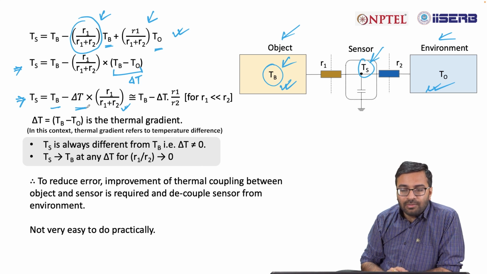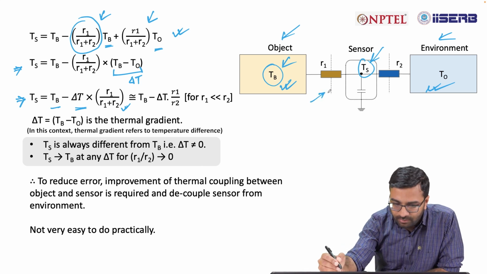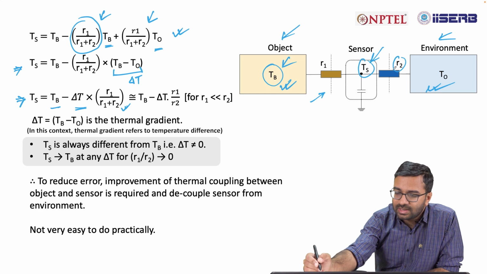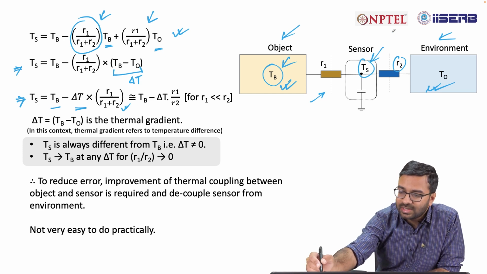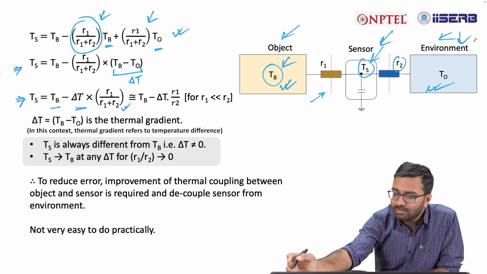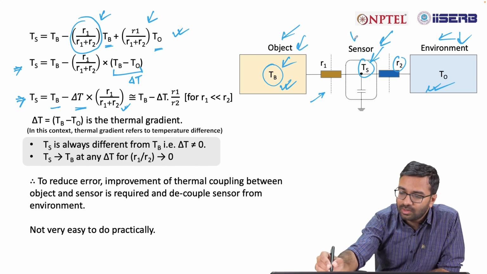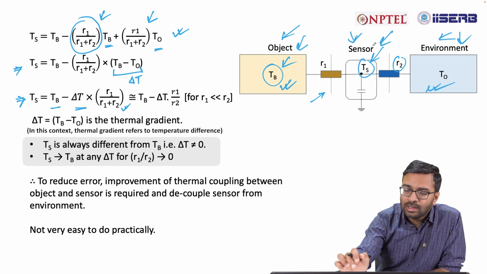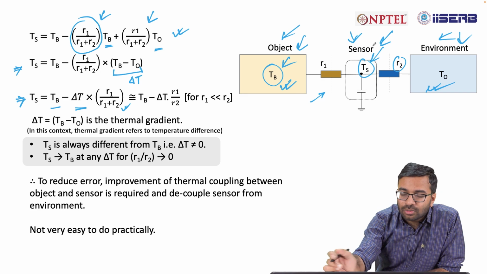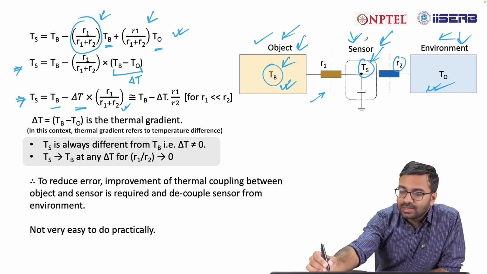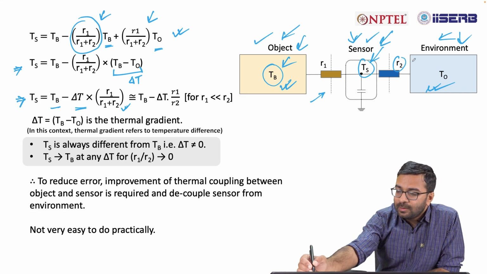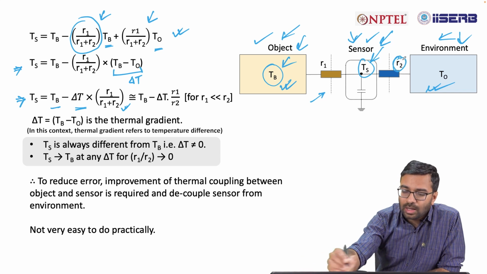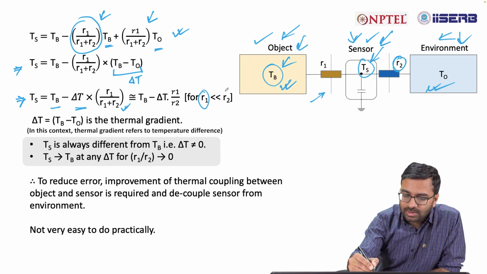And if you look at this situation, you will figure out that your R2, that is the resistance between the sensor and environment, is much higher than that between object and sensor, because object and sensor both are in contact. So, the thermal resistance between object and sensor is much less than R2. So, your R1 is much less than R2.